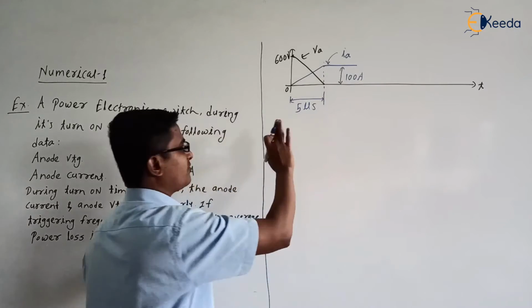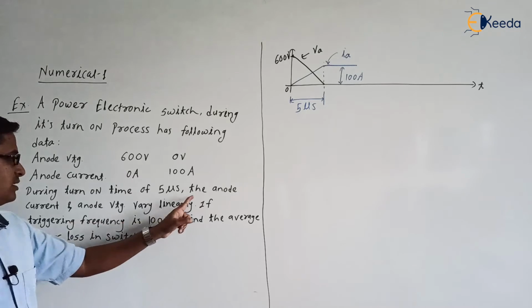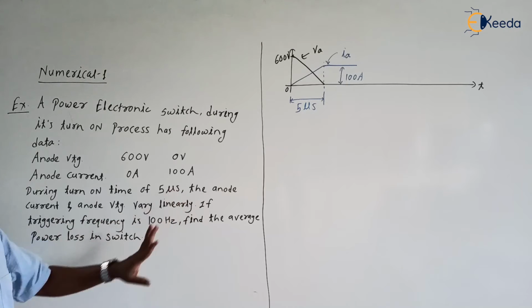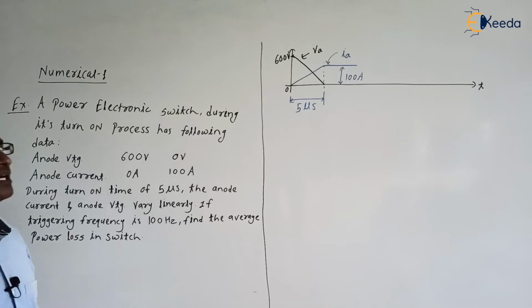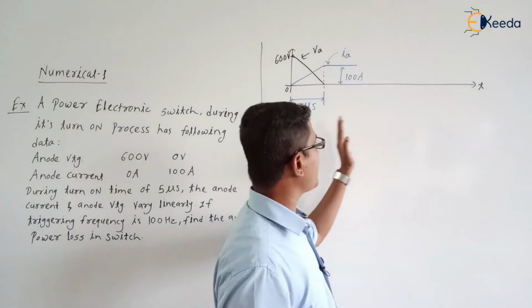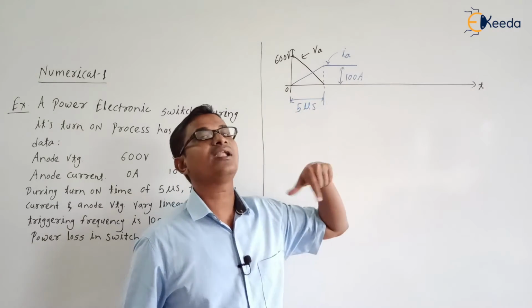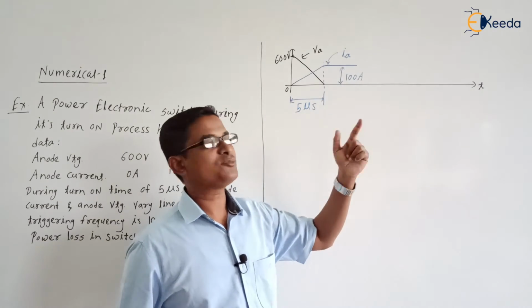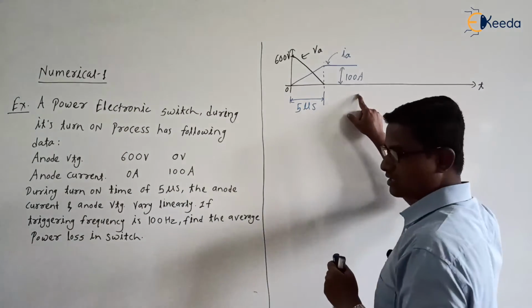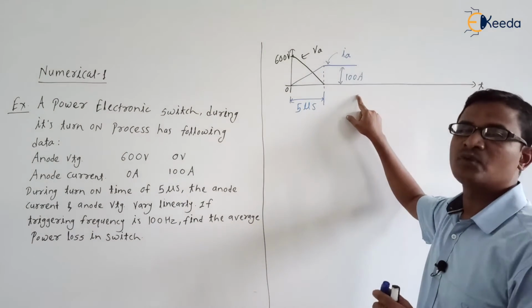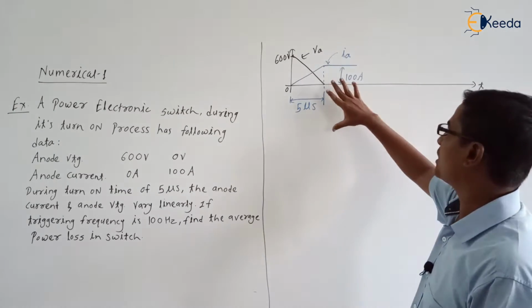Okay, this is for 5 microsecond, but they have given that the anode voltage and anode current vary linearly. If triggering frequency is 100 hertz, triggering frequency is 100 hertz means what? In 1 second we are getting this type of waveform 100 times. So after this instant, again we are going to turn off the switch in between, and again we are going to turn on the switch.